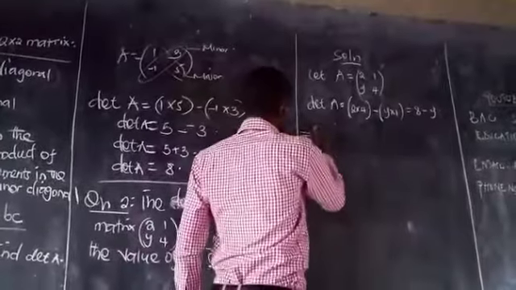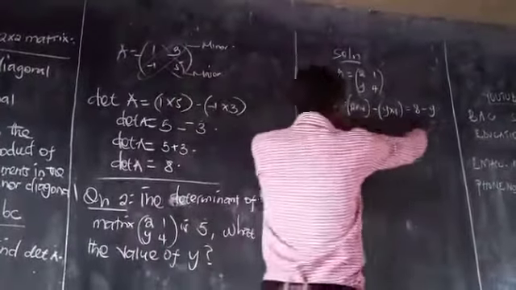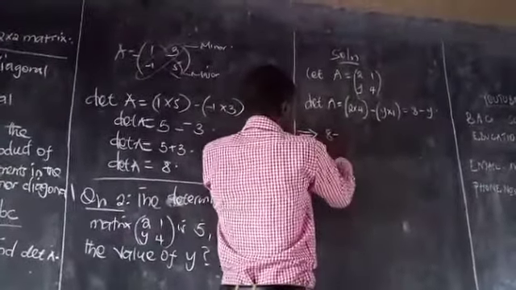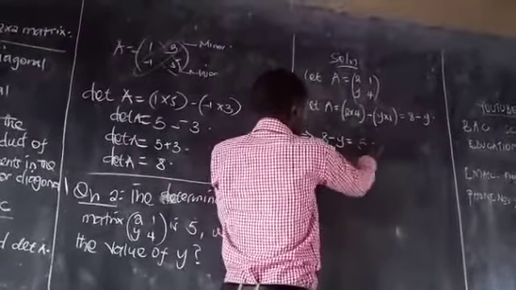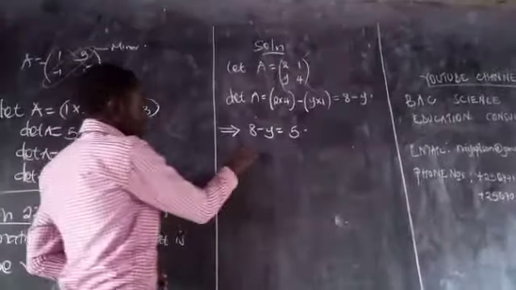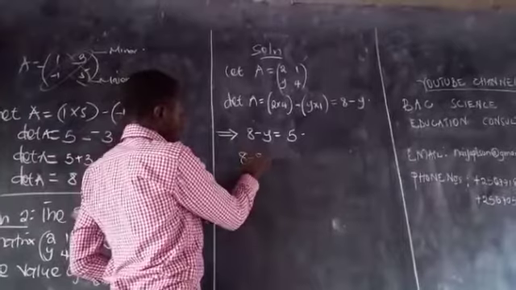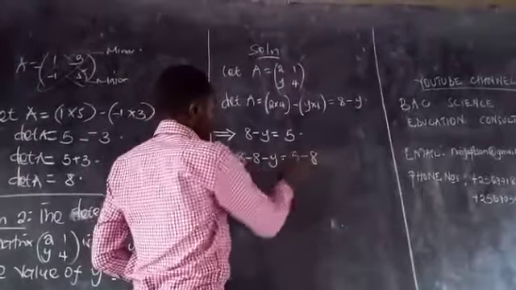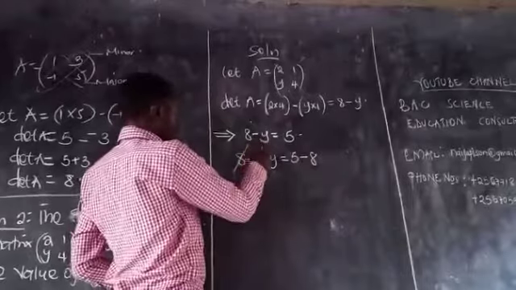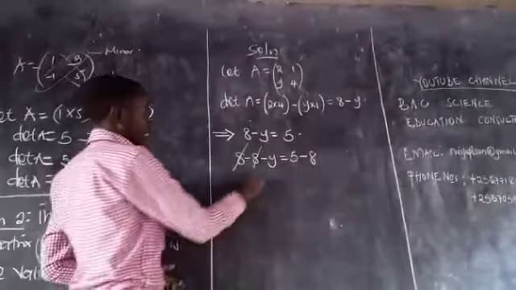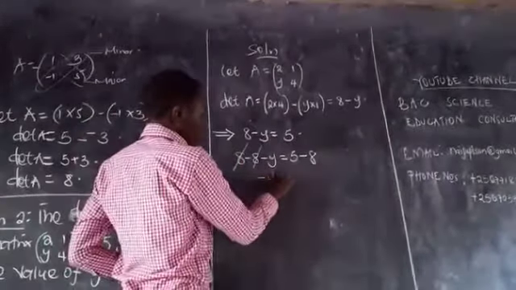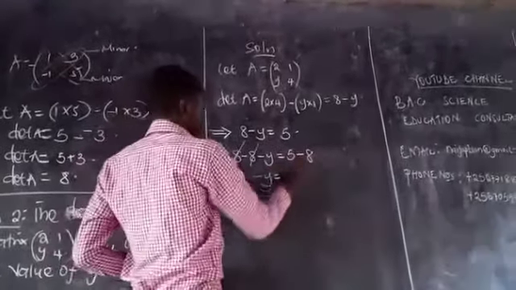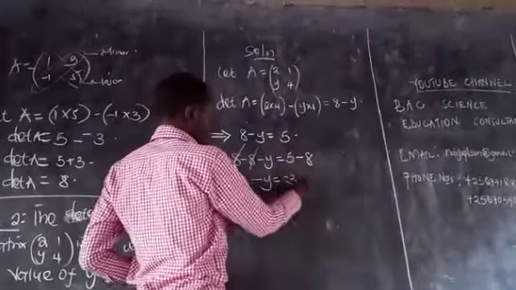This simply means that the determinant of A, which we have got as 8 minus Y, is equal to 5. In this equation, we subtract 8 on both sides, and a positive 8 goes with a negative 8. We remain with negative Y equal to 5 minus 8, which is negative 3.